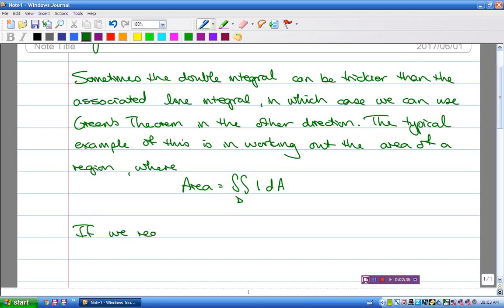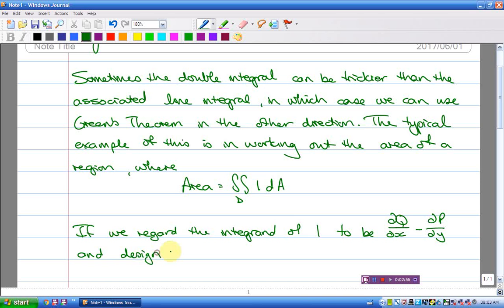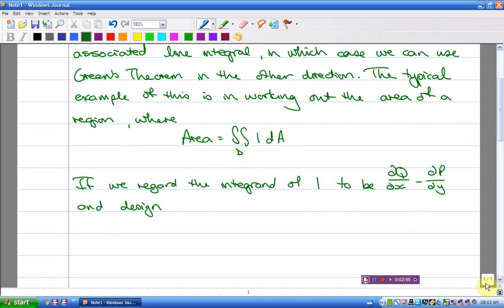If we regard the integrand of 1 to be dQ/dx minus dP/dy, and we design, it's up to us, we have the power to design what P and Q are, and we design P and Q however we want to, we can use Green's theorem.